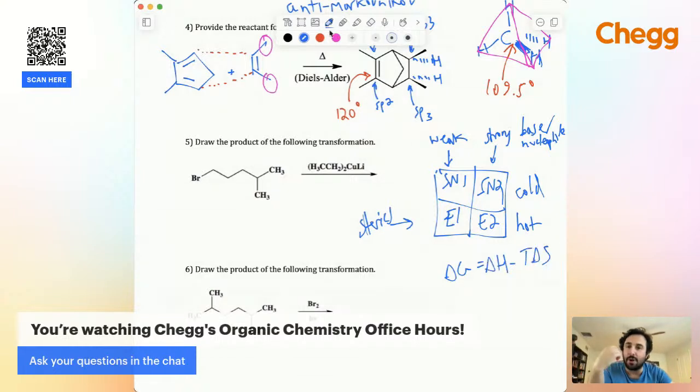We know that elimination is entropically favorable because you're going from two particles to three particles, two compounds to three compounds. And so the entropic favorability is magnified at higher temperatures. So higher temperature magnifies it and makes delta G more likely to be negative, and therefore the reaction spontaneous.